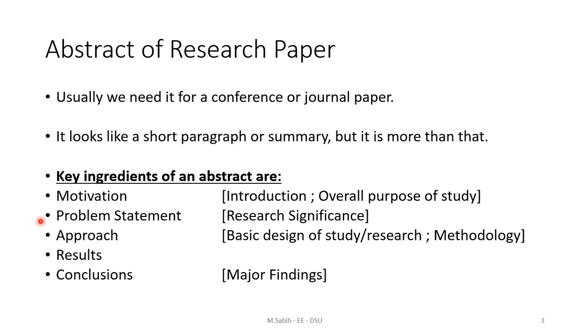Then there are some lines जो कि specifically problem statement उस research की बताती हैं, उसकी significance बताती हैं. Then we have the approach that you might have used or the other people have already used in this research method, क्या use किया उन्होंने. Then comes the results, उसी में abstract में ही कहीं पे results भी mention होंगे, और इसी तरह abstract के अंदर ही एक छोटा सा conclusion भी होगा. So this is just like a main paper. It's a short form of paper.